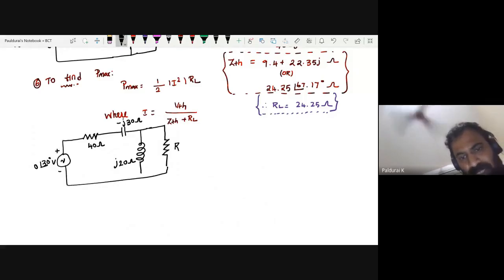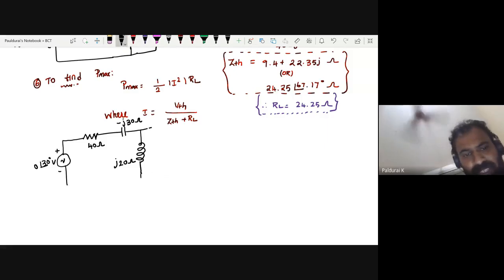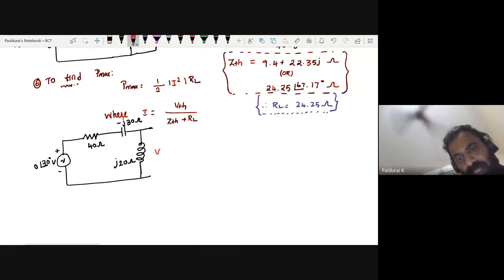So this is the given circuit. In order to calculate VTH, you want to open the load. The load is opened. You know what VTH is? Open the load and find the voltage across it. So VTH equals the voltage across J20 ohm. This time it's very simple.